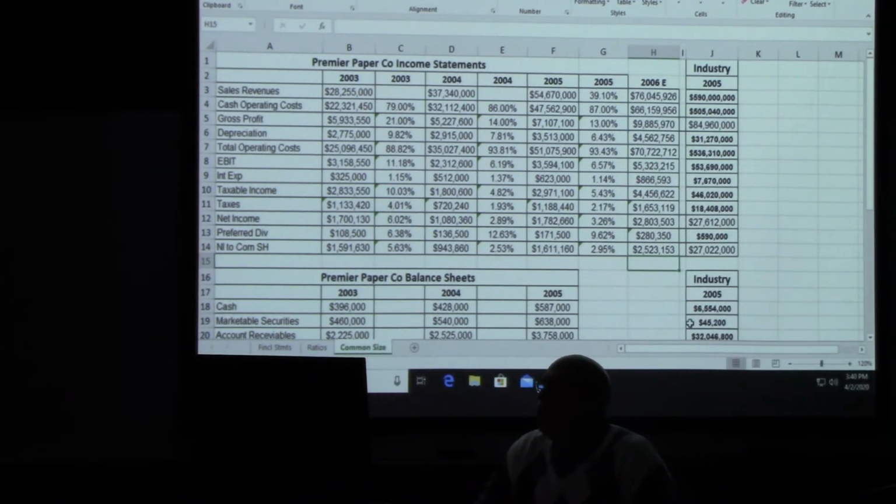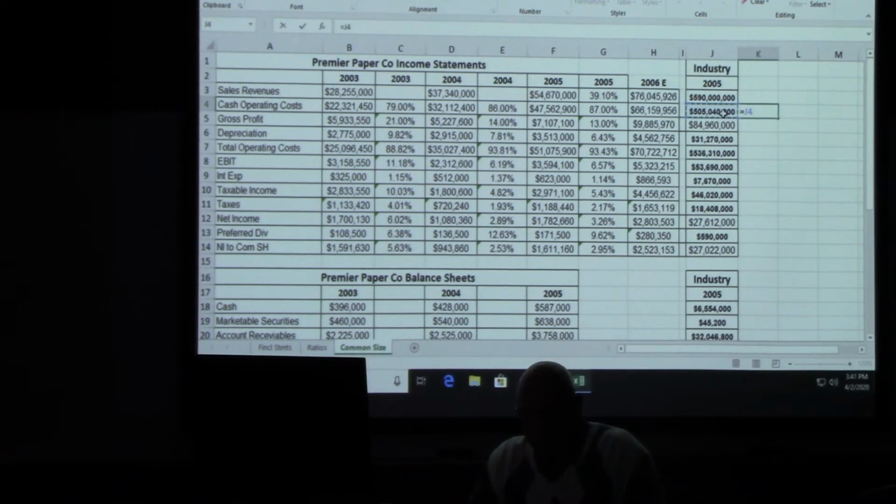Roughly. So this is a rough right here, and let's go ahead and divide these numbers into the industry just to see what that looks like. There we go. And let's anchor this one right here, and we can scroll it down here.